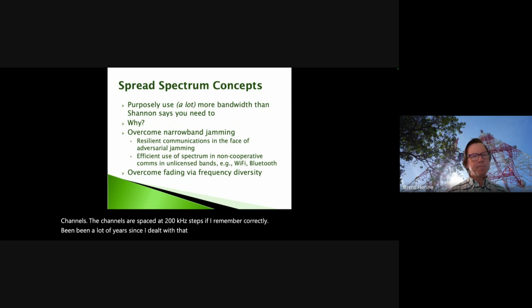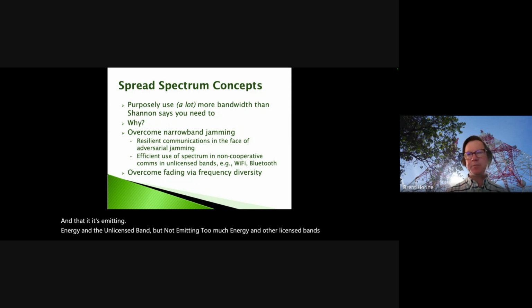But in unlicensed spectrum, we just need to make sure that the equipment has been certified to not cause a bunch of interference, and that it's emitting energy in the unlicensed band, but not emitting too much energy in other licensed bands and in other bands.